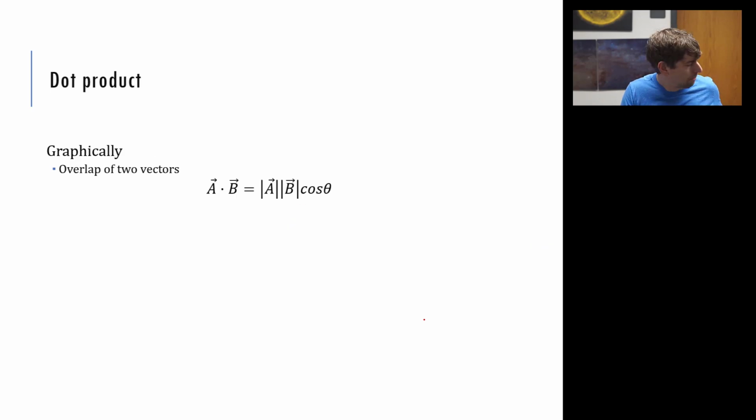So, just a brief overview of the dot product. Again, from a graphical interpretation, if you are given two vectors, A and B, the dot product between A and B is related to the magnitude of A, the magnitude of B, and the angle between those two vectors.